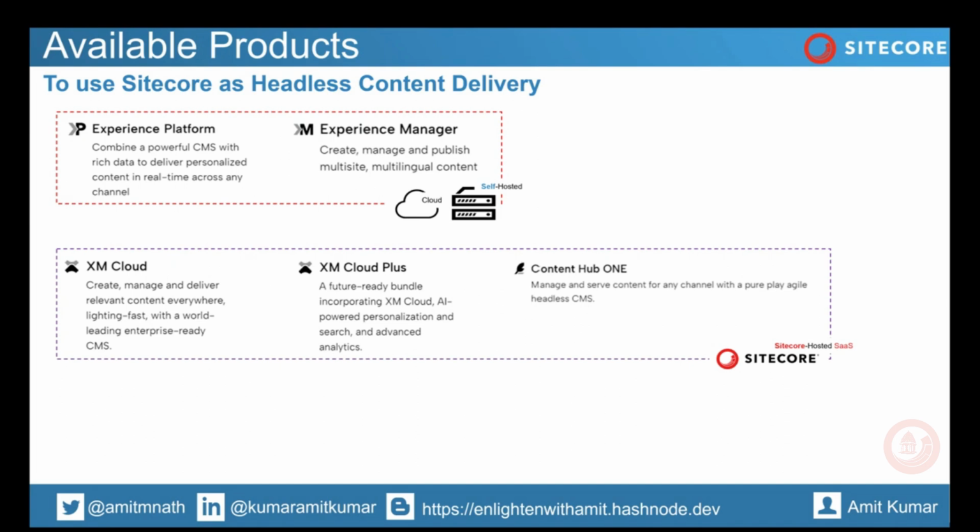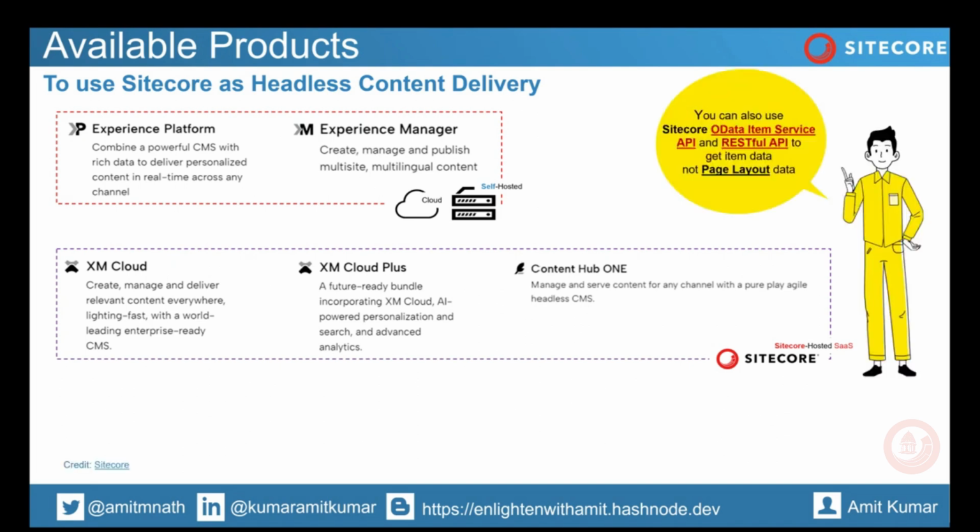And before Sitecore JSS, you already had the OData item service API and RESTful API. Those are not providing the presentation detail of your item. It is just providing the details which are added in the data schema. So if you don't want to go with the Sitecore headless services module and pay extra license cost, you can use these two options.